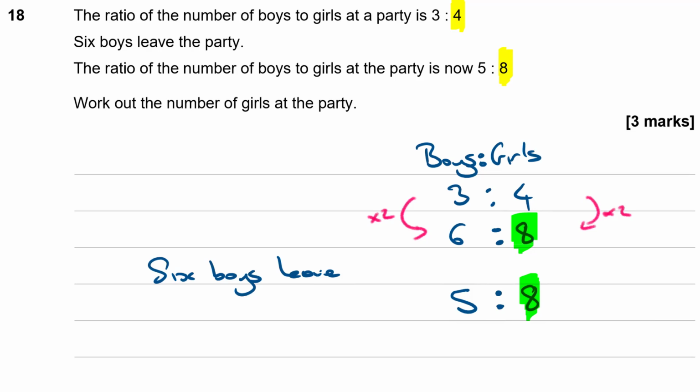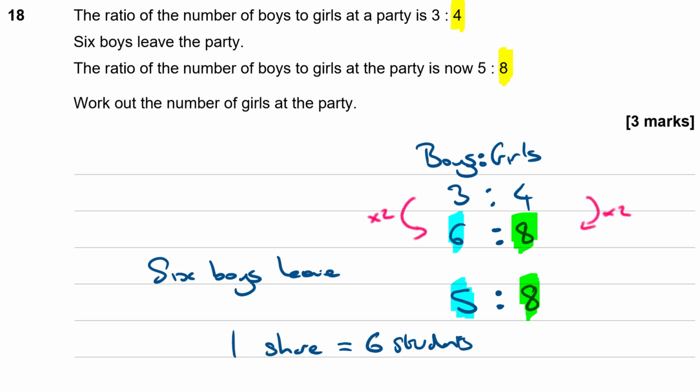And the boys has gone from 6 to 5, so it's reduced by 1. So overall, we've reduced the number of shares of boys by 1 when 6 boys left. So I conclude from that that 1 share is equivalent to 6 students.